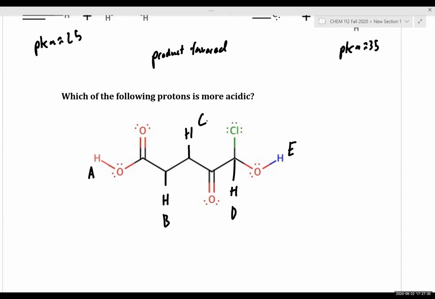So let's try to answer the question, which of these protons would we expect to be the most acidic and why? And if you have any questions or if you want to submit your response, don't be shy to use the chat feature or ask a question or propose your responses verbally.